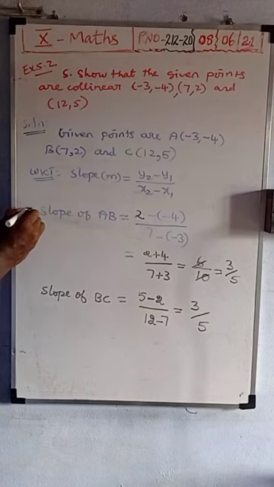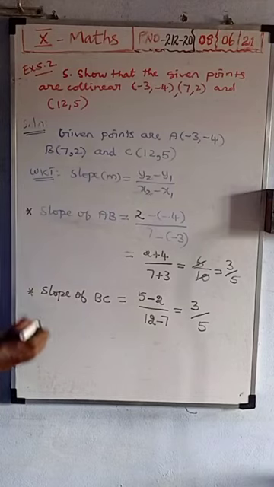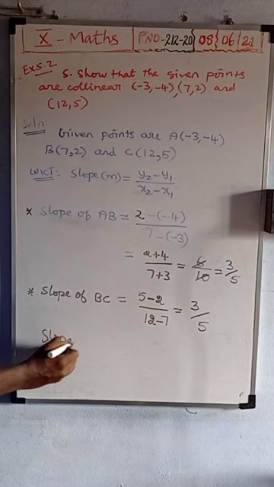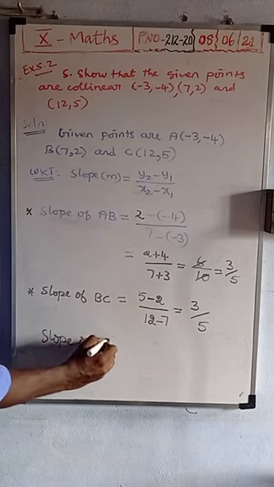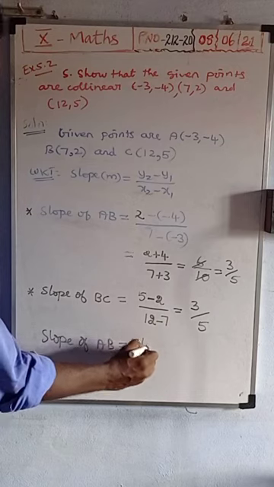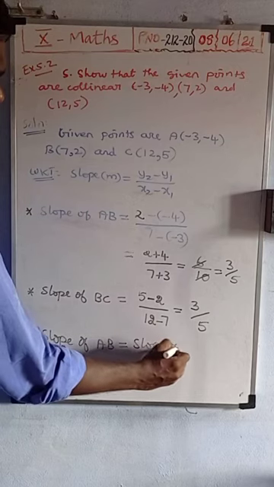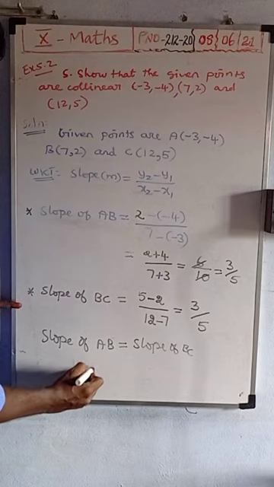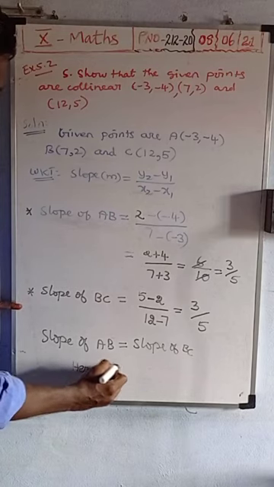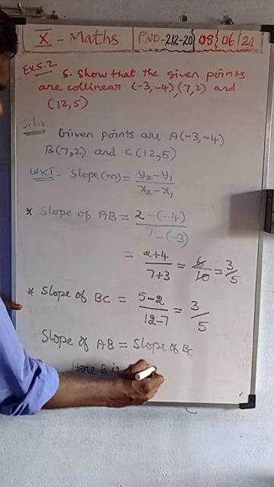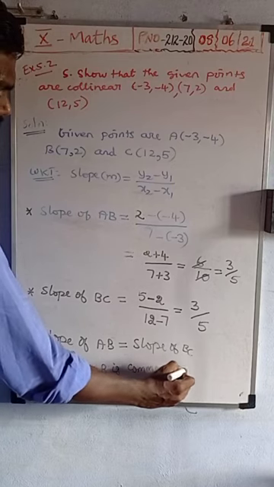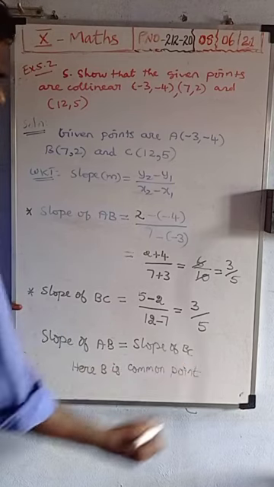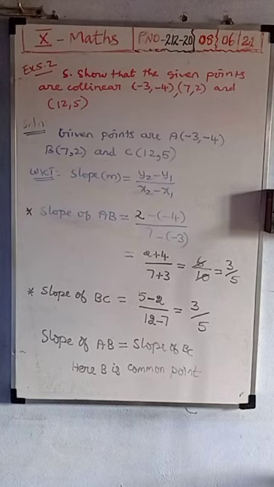Therefore, check here: both the slopes we received are equal. So slope of AB is equal to slope of BC. Here B is the common point, and both slopes come out equal. You can also find the slope of AB and the slope of AC, that is your wish.